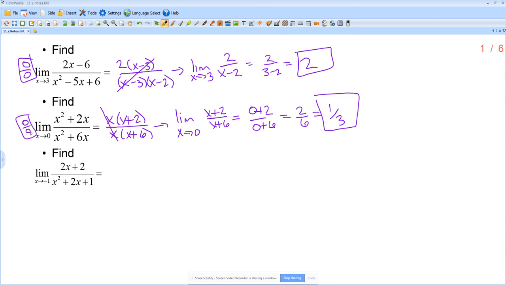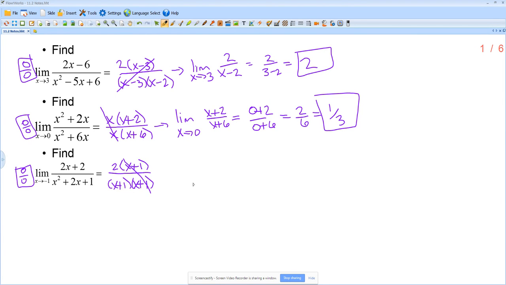However, the function does not exist. If I substitute in -1, I get 0 over 0. Don't always assume you get 0 over 0. You might get like 10, in which case the answer is 10. But I do get 0 over 0 here. I factor out a 2, so I have 2(x plus 1) over (x plus 1)(x plus 1).